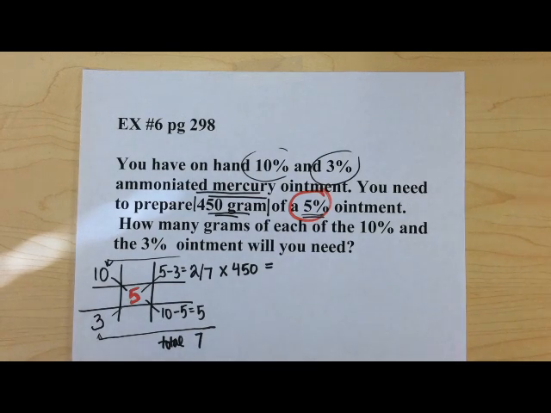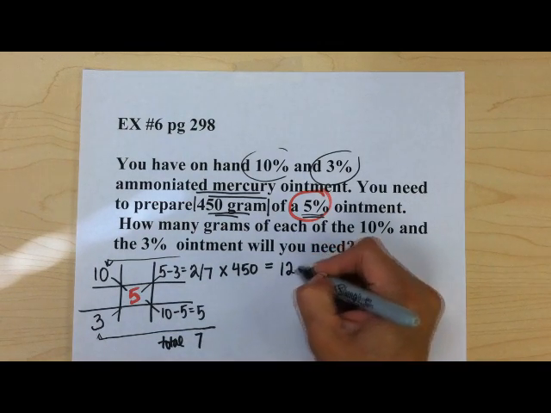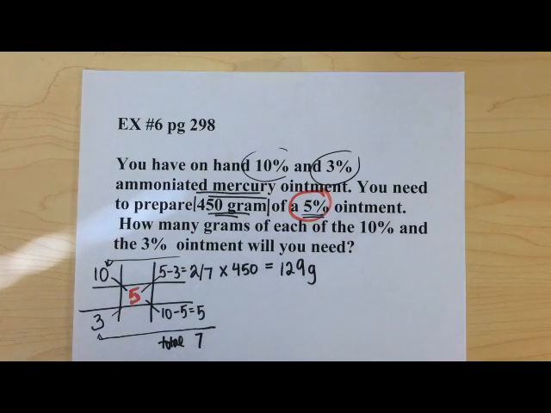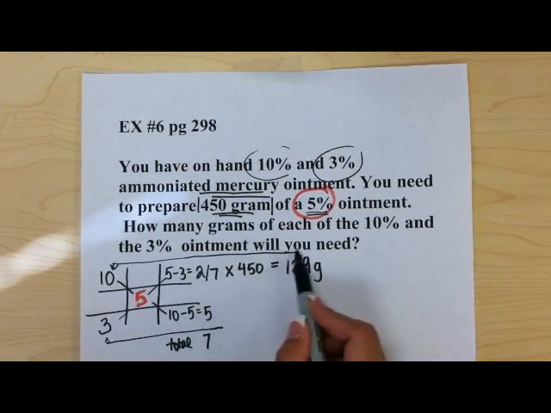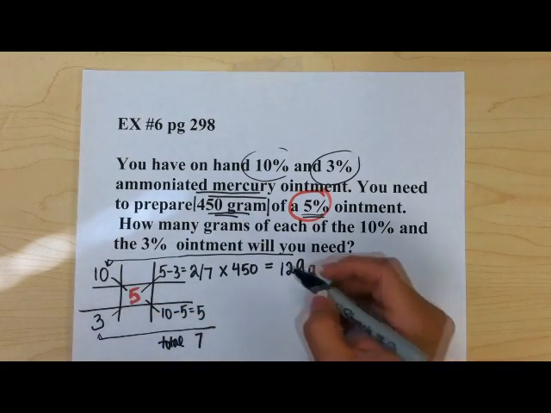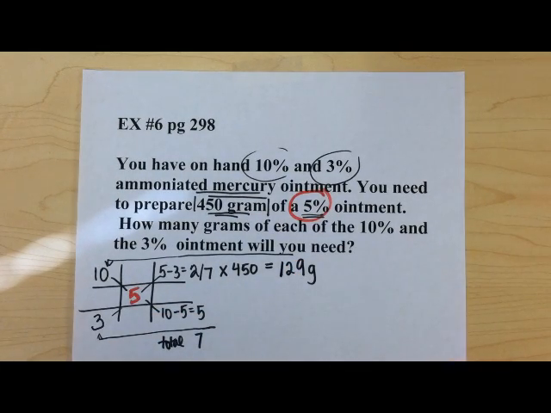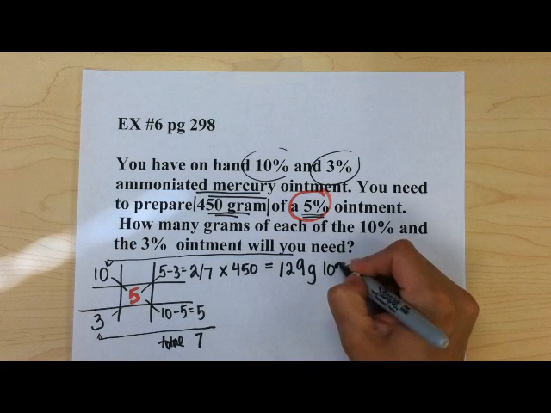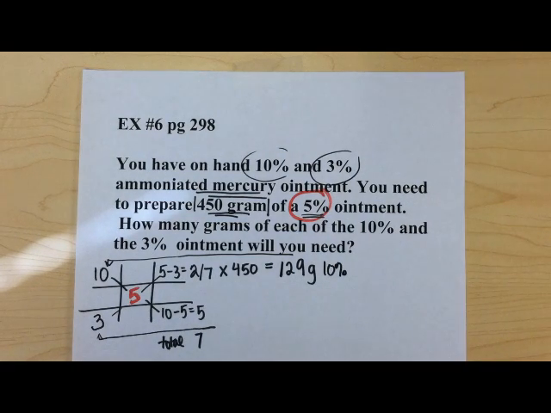So 2 divided by 7 and then multiplied by 450, I get 128.57, and I'm just going to round that off to 129. So remember, I said this end result is referring to this ingredient. So I need 129 grams of the 10% ingredient.